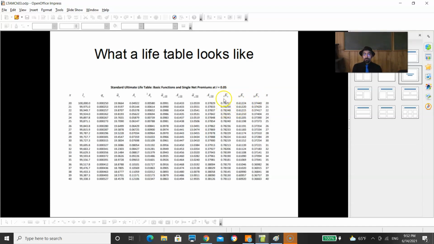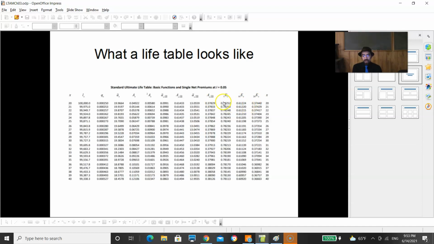Notice that 5Ex is worth more than 10Ex, which is worth more than 20Ex, for two reasons. One, there's a chance that you'll die more than 5 years from now, but less than 10 years from now. But also, even if you're guaranteed to survive, 5 years of interest is less of a big deal than 10 years of interest, which is less of a big deal than 20 years of interest.